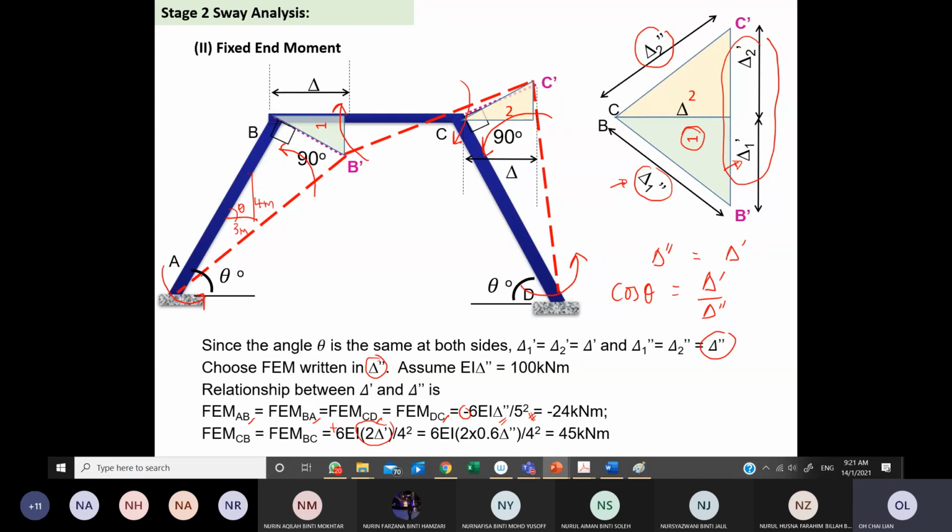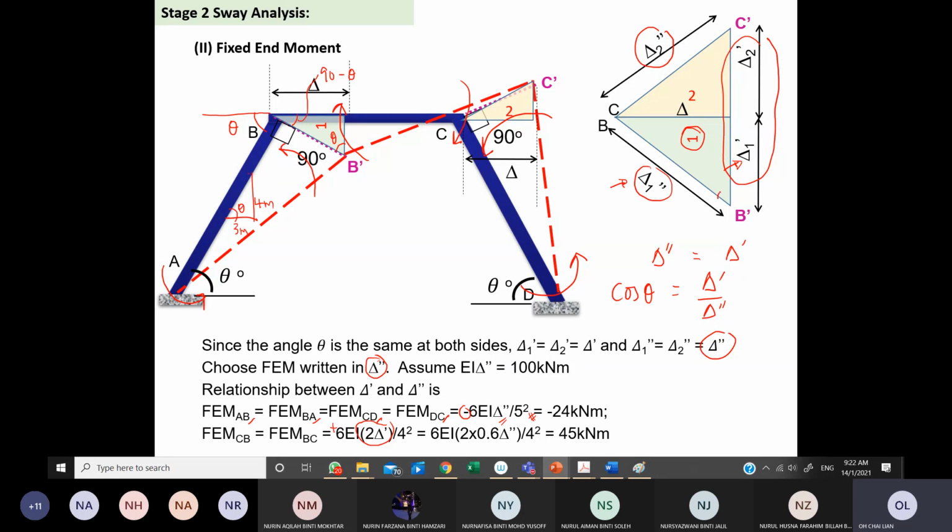Okay, if you look at this theta, it will be happening at this angle as well, theta. Okay, for this zigzag. Then by this 90 degrees here, this will be 90 minus theta, and the theta will be here, acting here.